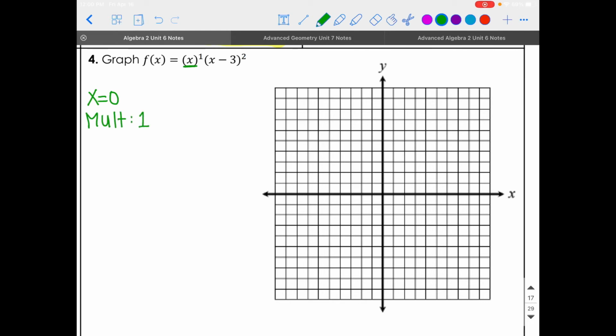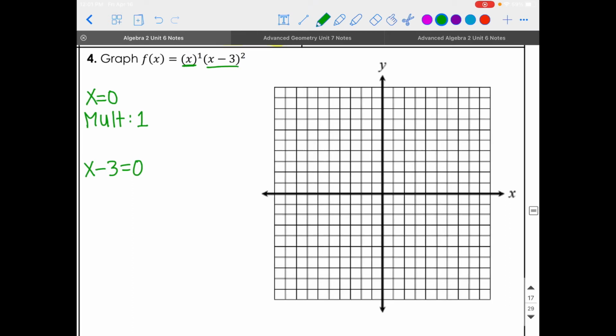What is the multiplicity? 1. And then we have x minus 3 equals 0. So if we add 3 to both sides, we get x equals 3 with a multiplicity of 2.